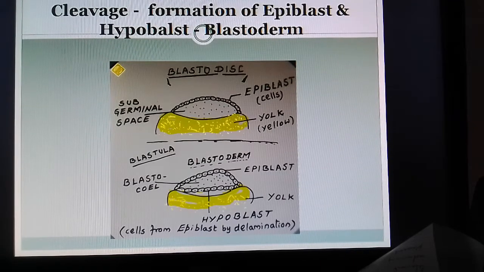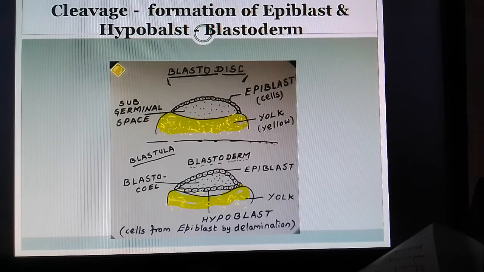So here you assume the part of the yolk where the process of cleavage is going on. Even the gastrulation will also occur at this area only, called blastodisc or germinal disc region. So the epiblast is the first formed layer.